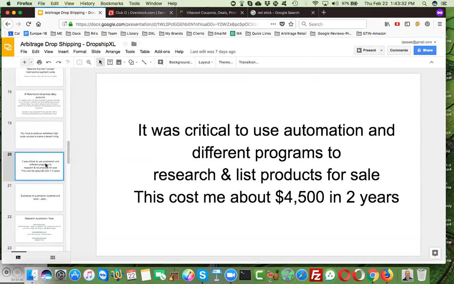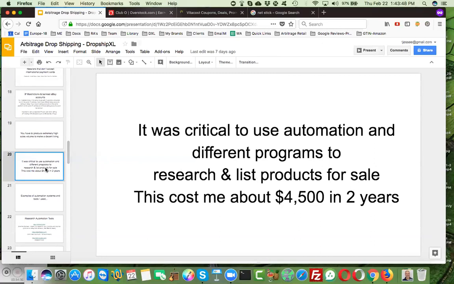And in your experience during those two years, it was critical to use automation and different programs to research and list products. Doing that manually would be insane.